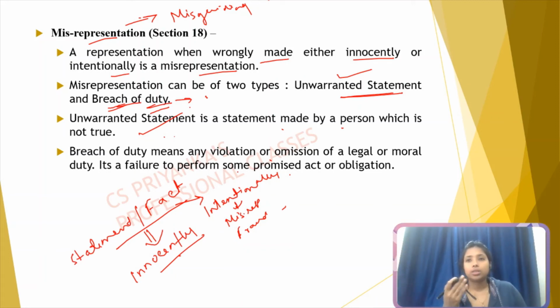Next, for example, I'm asking you some address, you knew it, but intentionally, just to harass me, you tell me some wrong statement. That is also some kind of misrepresentation. But since you have done it intentionally, along with misrepresentation, we can also call it fraud. So there should not be such things in your consent, otherwise your consent will not be free.